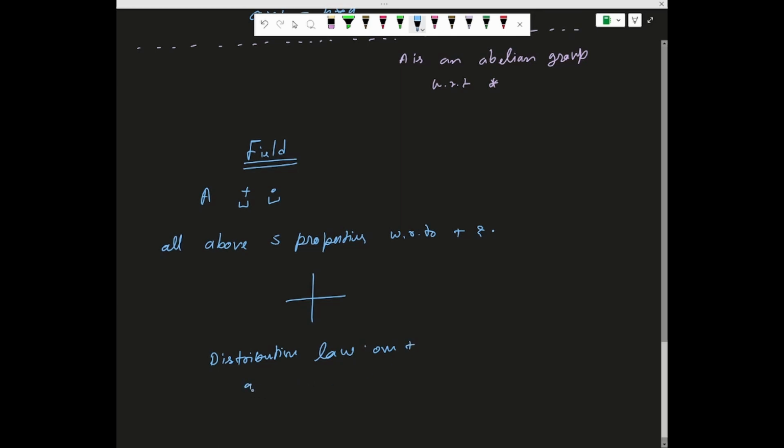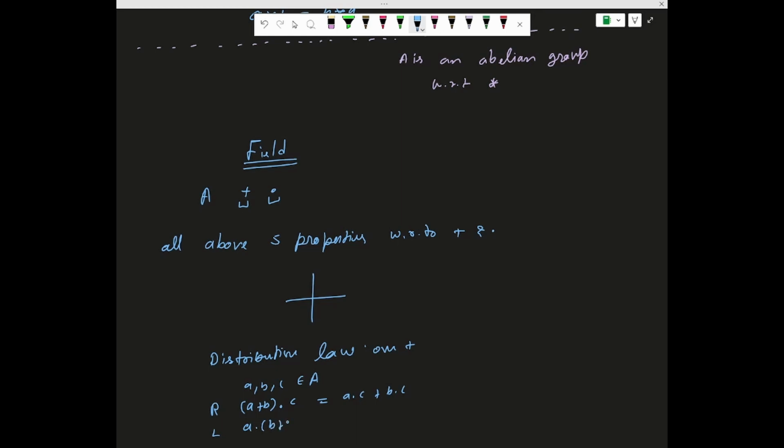It means if we have A, B, C belonging to A, then it should have right and left distribution also. Let's discuss right first. Let's say A plus B, from the right you have this dot with C, so it should go A dot C plus B dot C. Then the left one, let's say A dot B plus C, so you should get A dot B plus A dot C, this way.